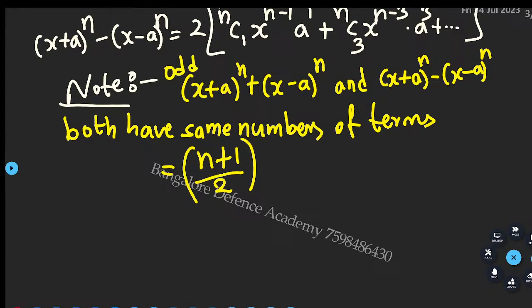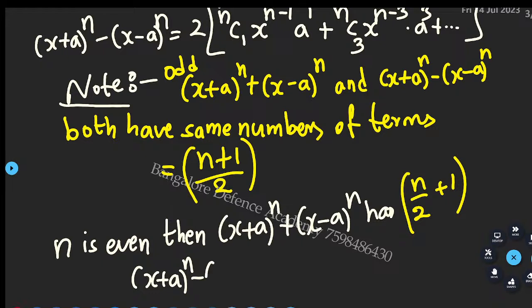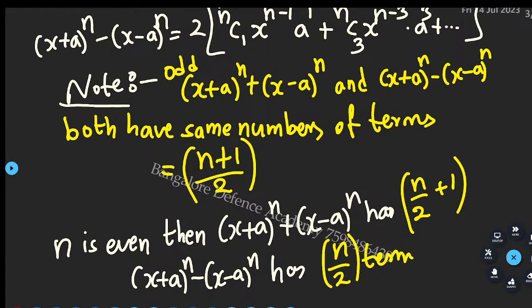Next, if n is even, then x plus a to the power of n plus x minus a to the power of n has, now this is important, n by 2 plus 1 terms, and x plus a to the power of n minus x minus a to the power of n has n by 2 terms.